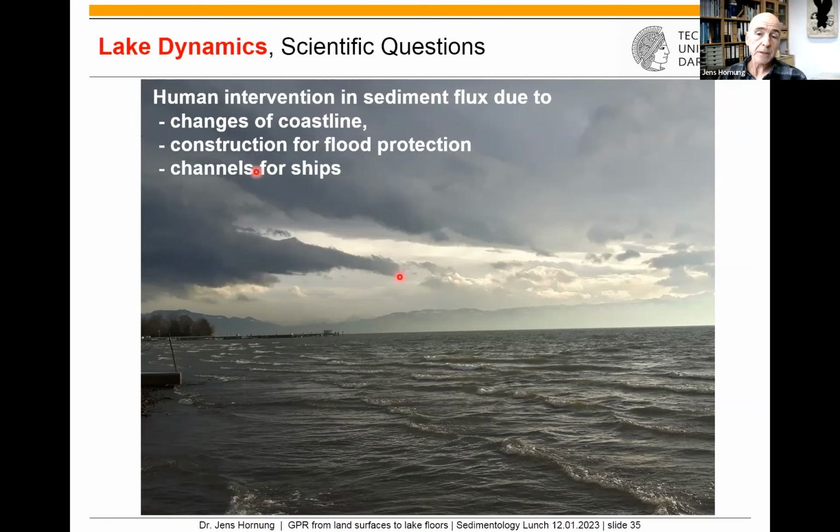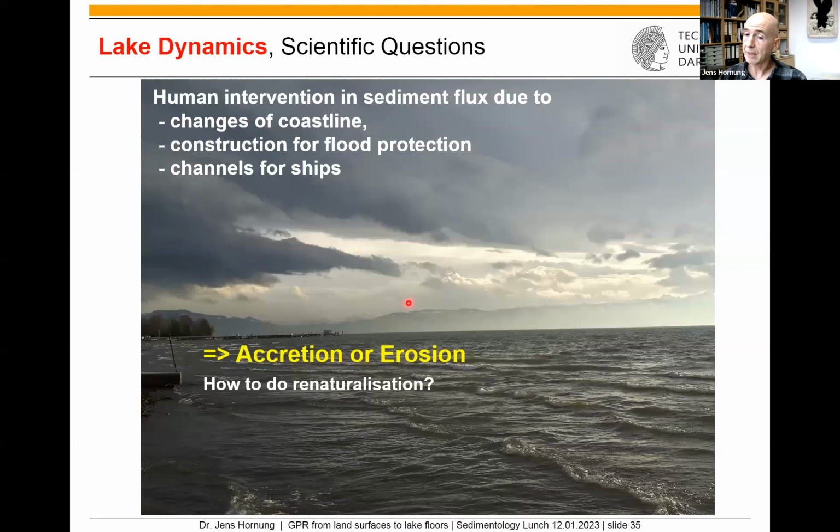We need channels for ships, for example, and that leads to accretion or erosion when sediment fluxes are changed. And in the end, if we want to regulate something, how can we do renaturalization without running into problems with erosion or accretion?